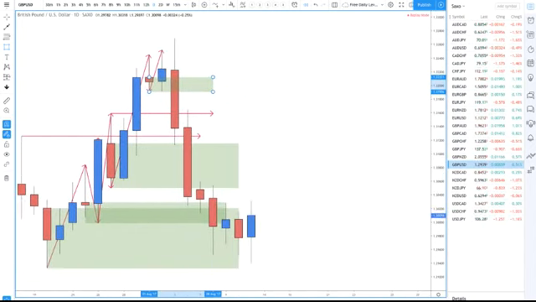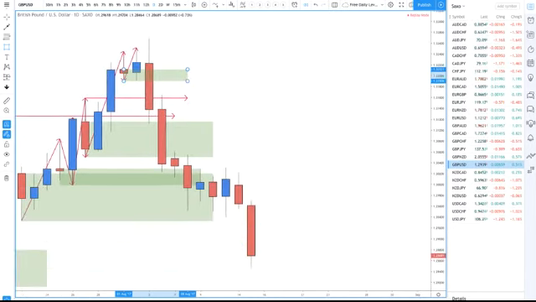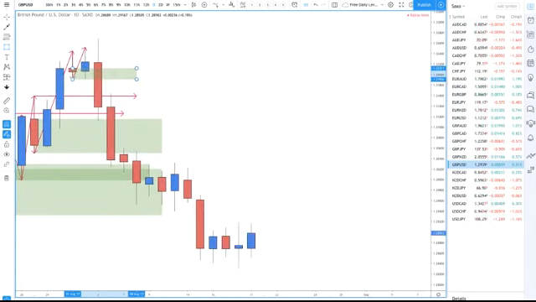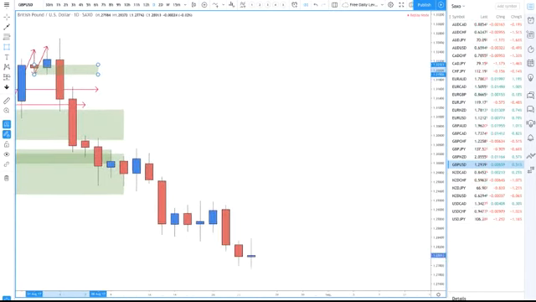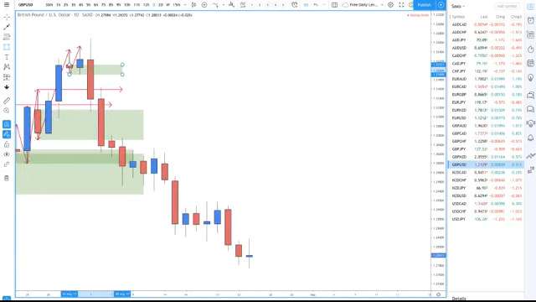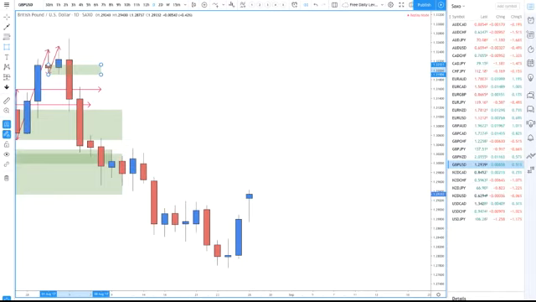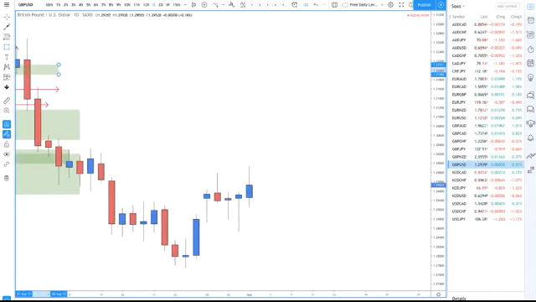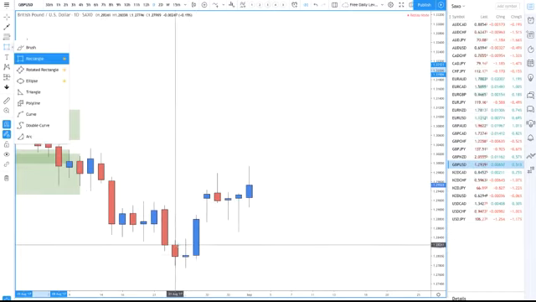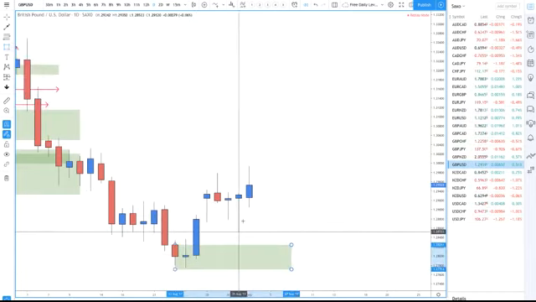As we come back, now we're just looking for higher highs, higher lows. Keep going. Right, so we get a bit of a move up. There we are. There we go. So I hope you guys saw that there.